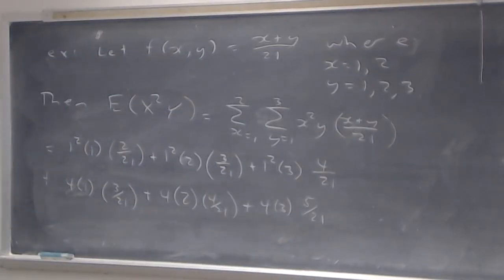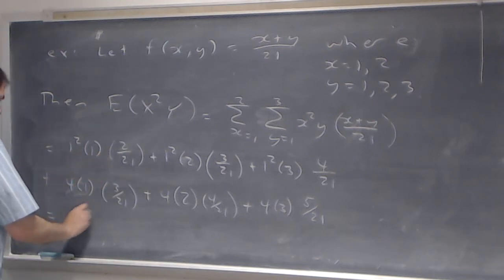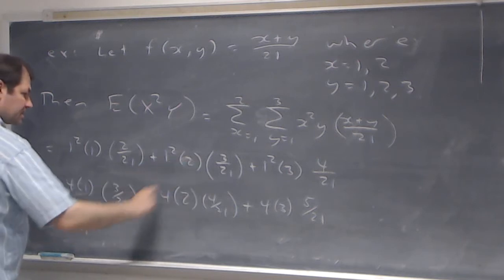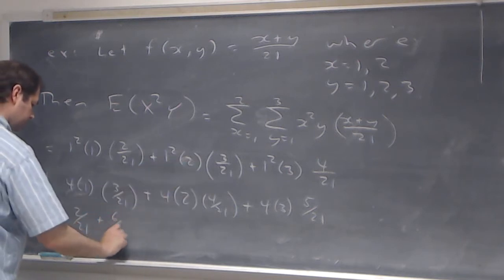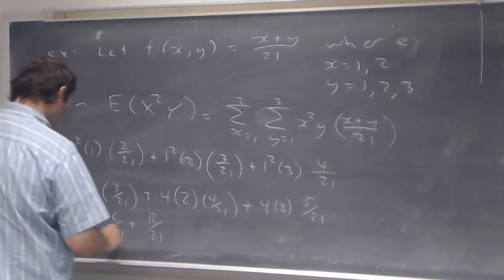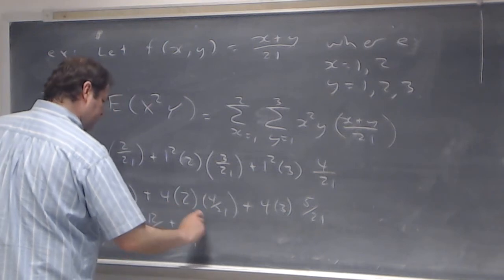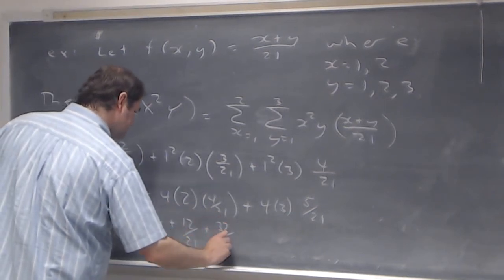Okay. So when we add these together, this is 2 over 21, plus this looks like 6 over 21, plus this is going to be 12 over 21. This is going to be another 12 over 21. This is going to be 32 over 21.